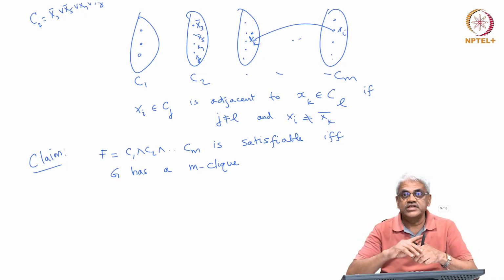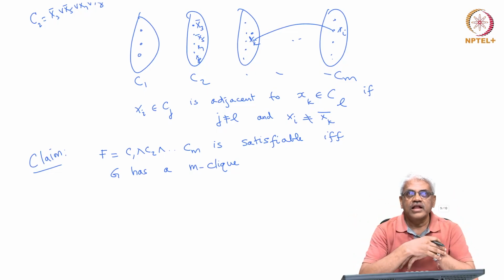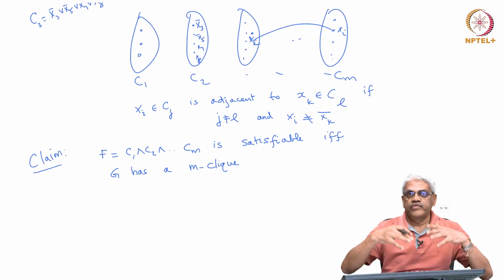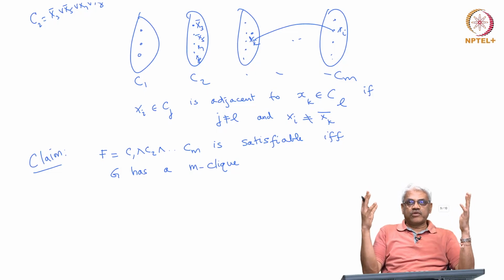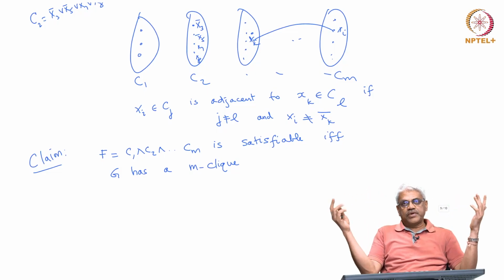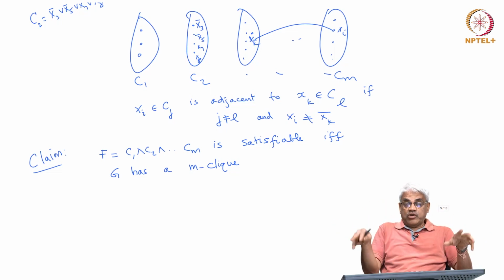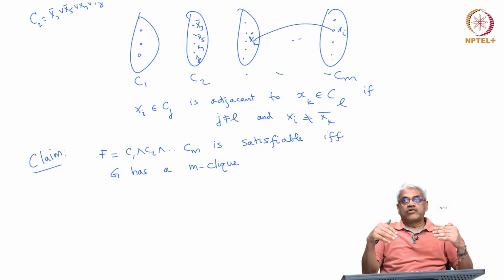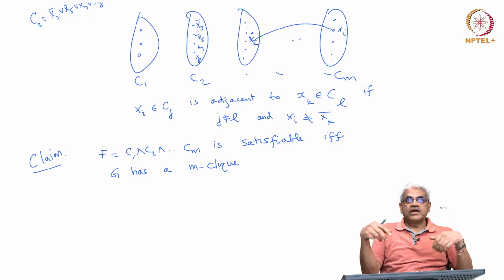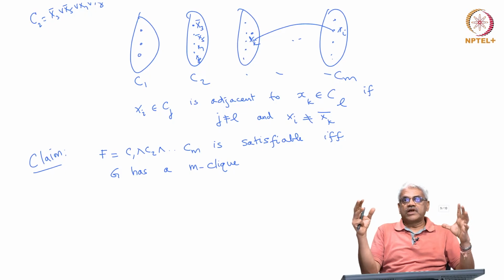This kind of relation is very useful and it is called a polynomial reduction, and we are going to show in the next lecture that there is this whole class of problems, and we will give some formal definitions of what is P, NP, NP hard, that they are inherently related, thousands of problems, in the sense that a polynomial time algorithm for one will give a polynomial time algorithm for the other, but as of now nobody knows a polynomial time algorithm for any of them. So it is widely believed that all of these problems are inherently hard.